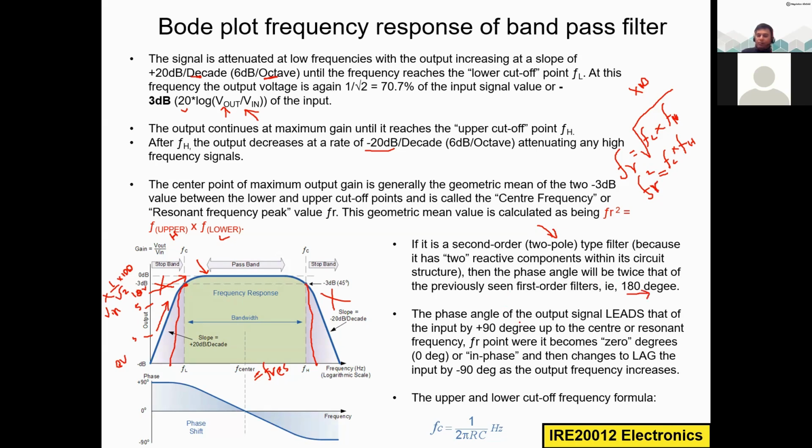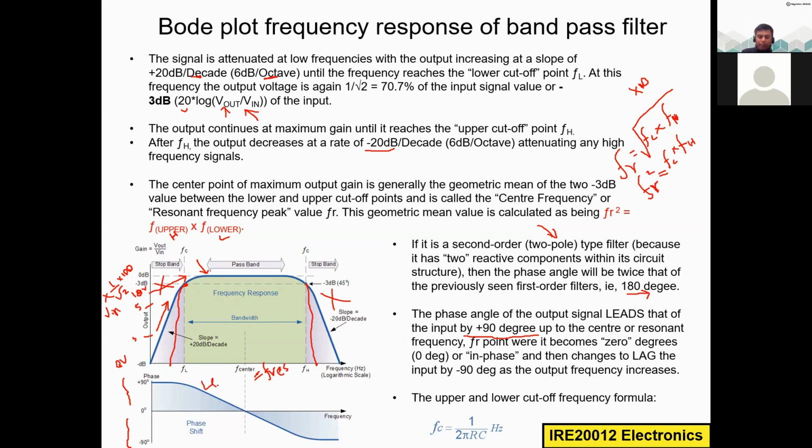The phase angle of the output signal leads that of the input by plus 90-degree up to the resonant frequency. You can see here, this is the upper part, the positive side, and this is the negative side. So the output is leading by 90-degree up to the center frequency, and after that it starts to lag.